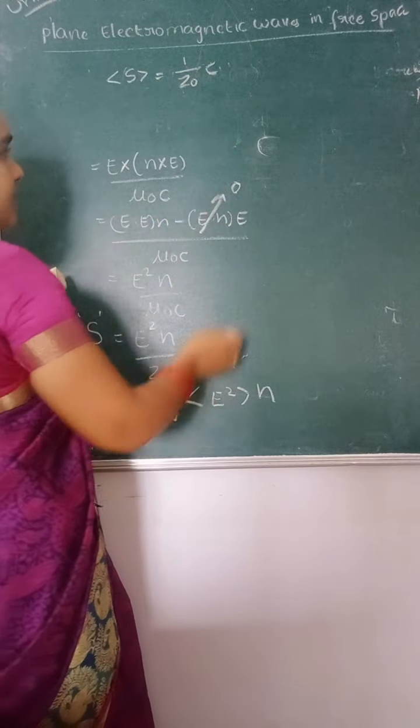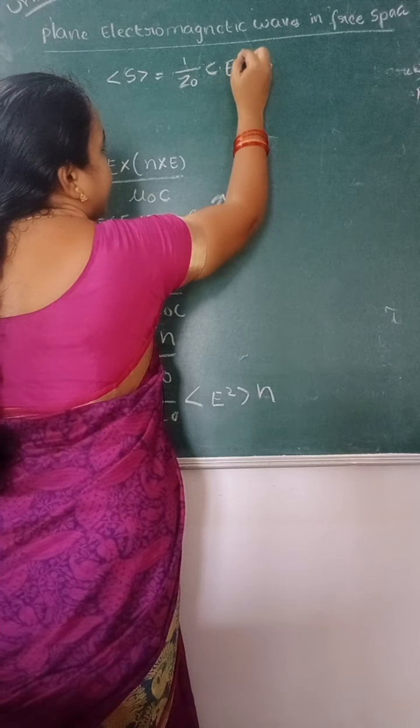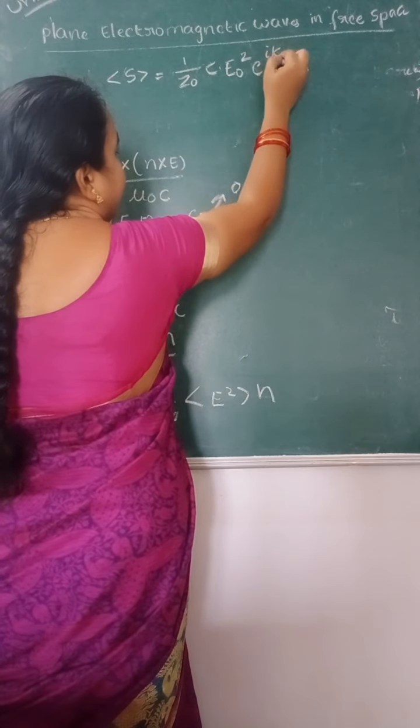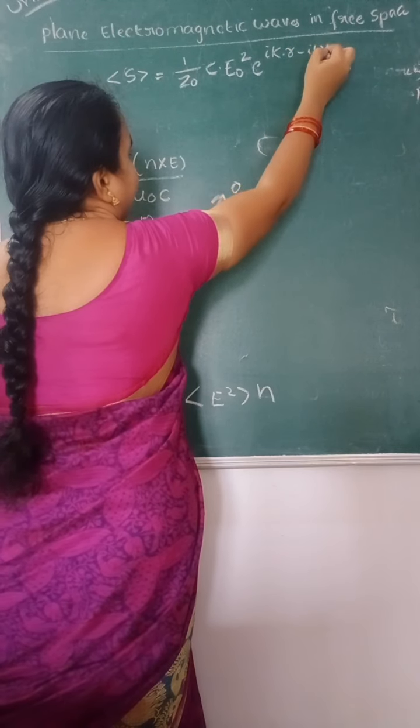The average Poynting vector is 1 by Z naught times the value of E square, where we have assumed E naught e power i k dot r minus i omega t.